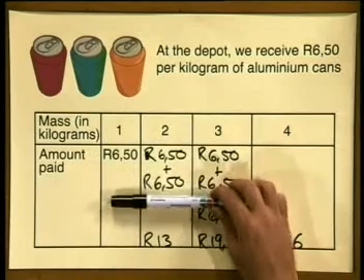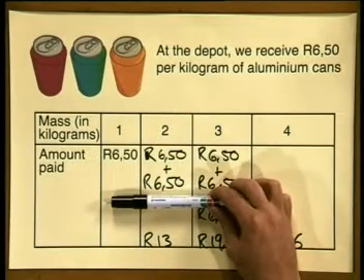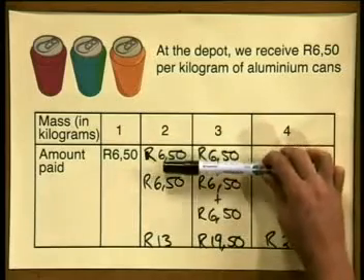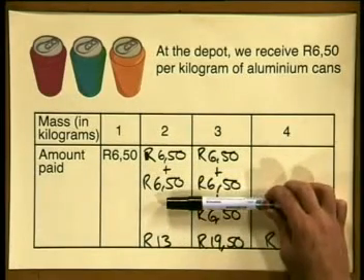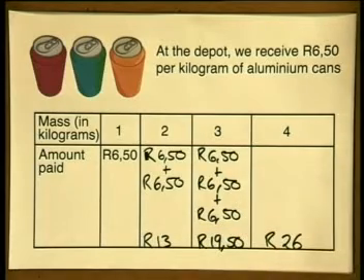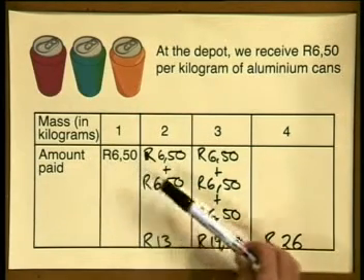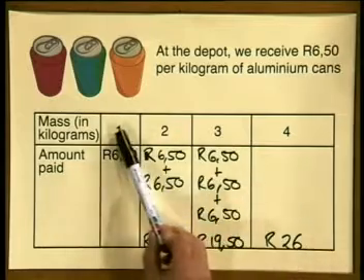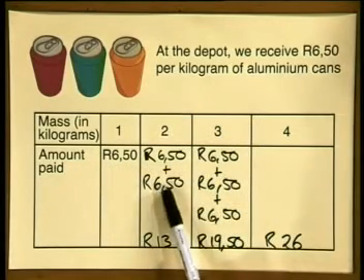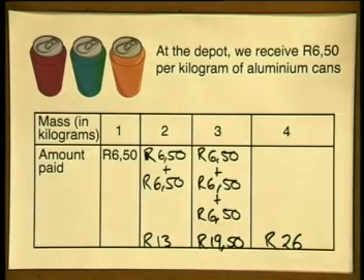For 2 kilograms, the amount paid is R6.50 plus R6.50. And for 3 kilograms, the amount paid is R6.50 plus R6.50 plus R6.50. What do you notice? Do you notice that the change is constant? From one mass to the next, the change is always R6.50.